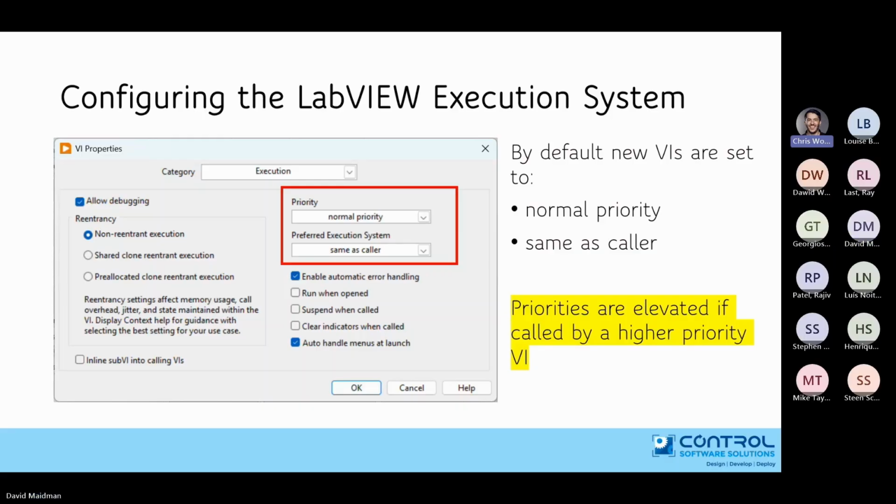And in terms of the priority, the bottom priority, which is called subroutine, I've become quite a fan of using subroutine in the last few months, because in the documentation, in the detailed help associated with that option, it says that whenever calling a sub VI in LabVIEW, there's a certain overhead that the compiler has to do. So imagine when you're calling the sub VI on the block diagram, there are some instructions that the CPU needs to run to enter that sub VI and then to exit that sub VI.